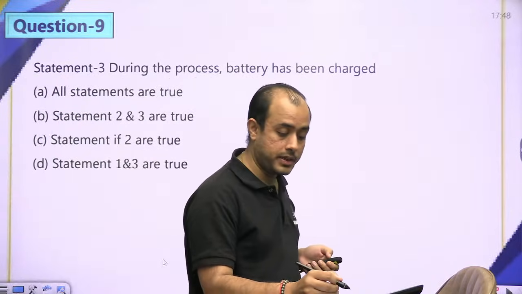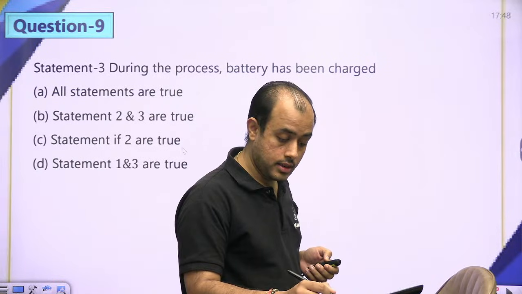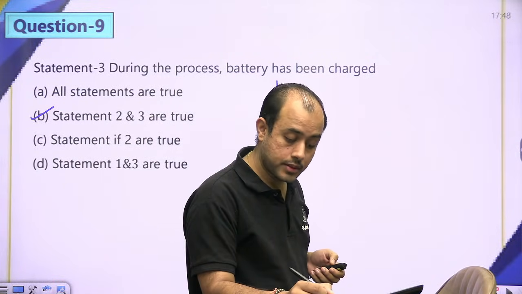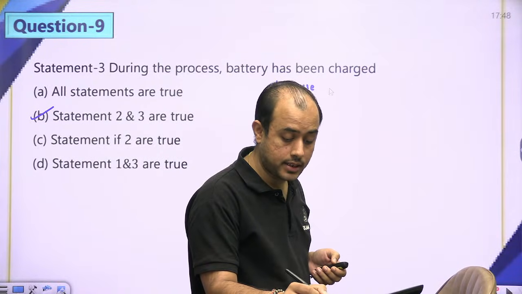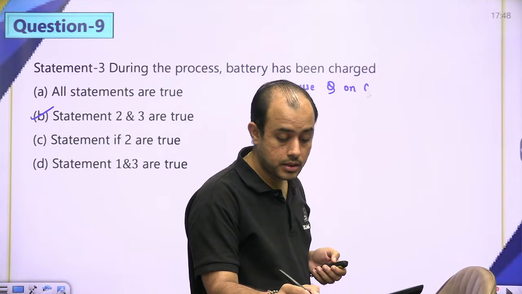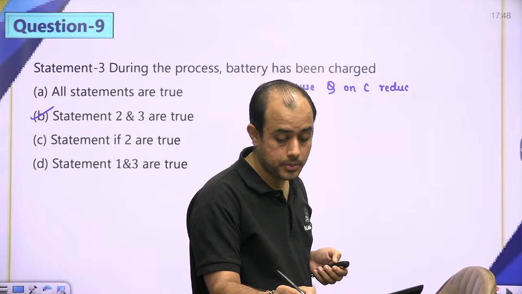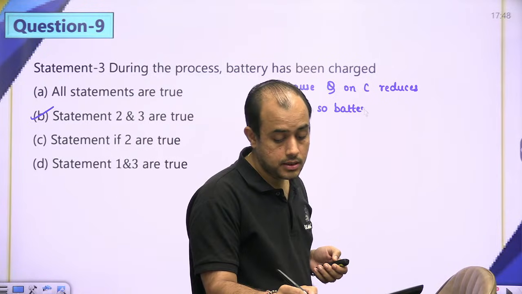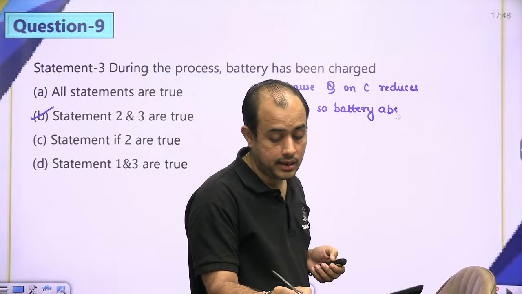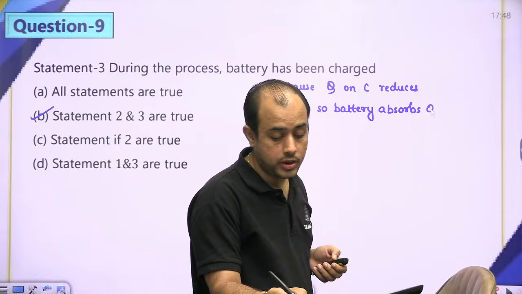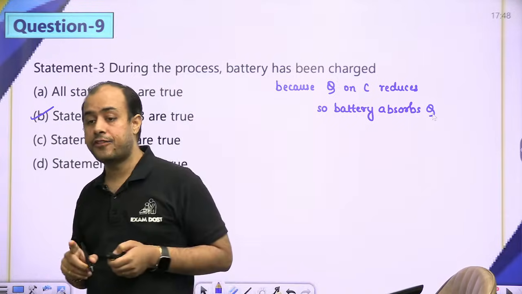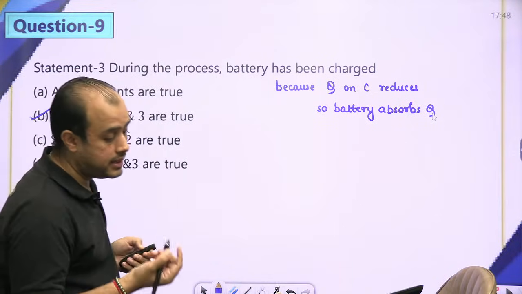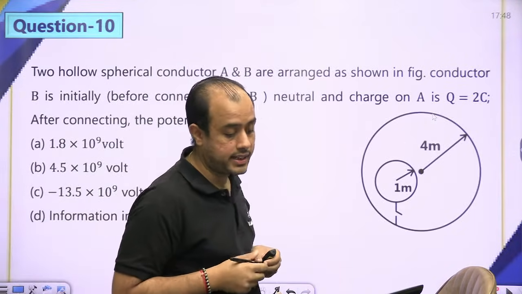So the answer should be statements 2 and 3 are true because charge on capacitor reduces. So the battery absorbs charge. Series or parallel, my children, if any capacitance decreases, the overall capacitance will decrease.